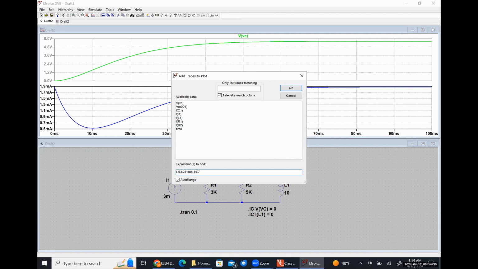34.799 times time, minus 15.154 times sine of 34.799 times time, close double parentheses there, times exp negative 93.75 times time plus 5.625.